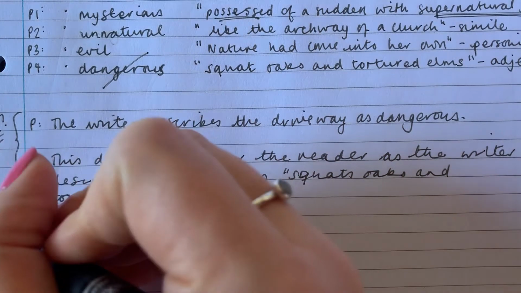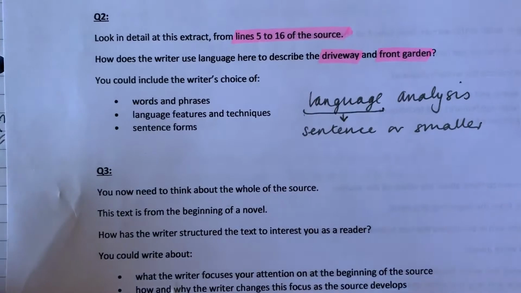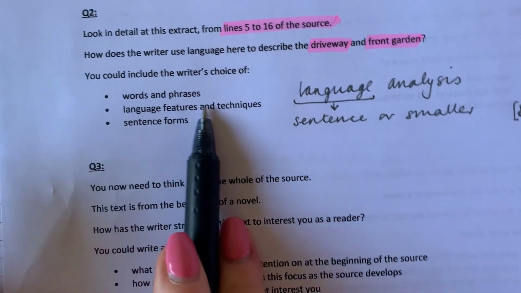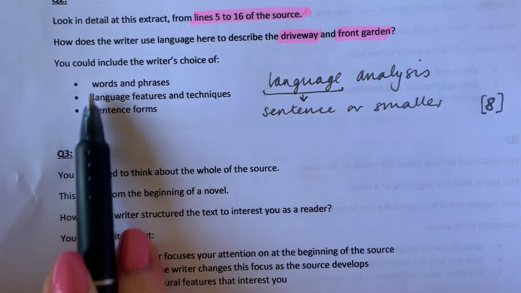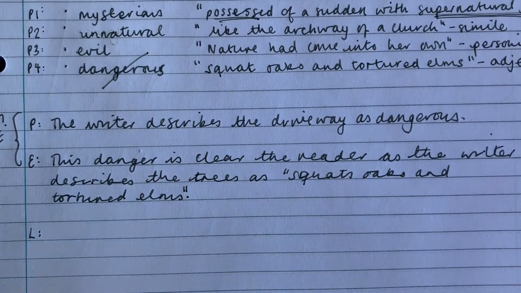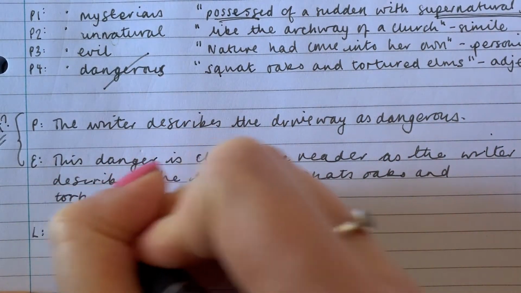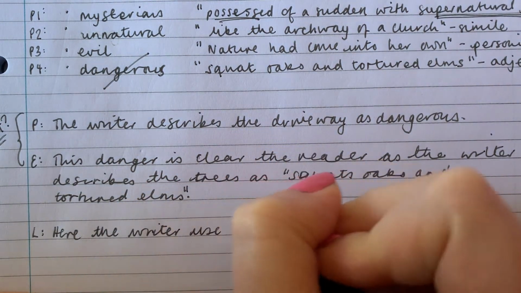Now, the next thing I need to do is make sure that it's really clear that I'm using language terminology. Okay, remembering that the question asks me specifically to include the writer's choice of words and phrases, language features and techniques and sentence forms. Now, I'm including a word here, aren't I, which is a word form. So I need to say here, the writer uses.